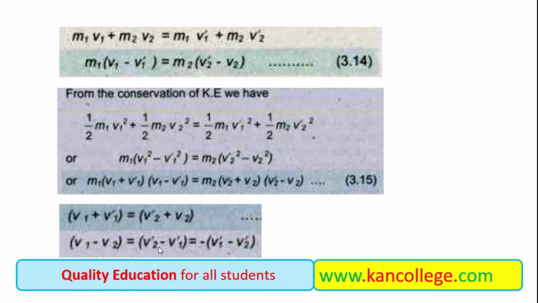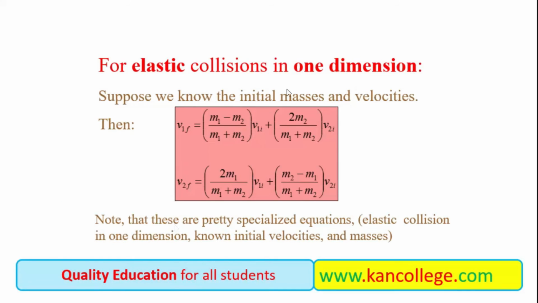So after some simple mathematical steps, using equations 3-14, 3-15, and this last equation, we can deduce these results, that v1 dash or v1F is equal to the right hand side, and similarly v2 dash is equal to this right hand side.